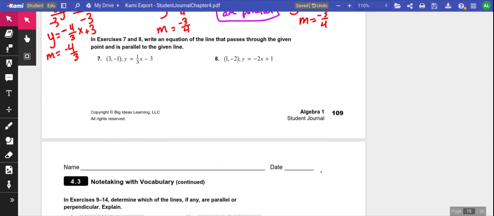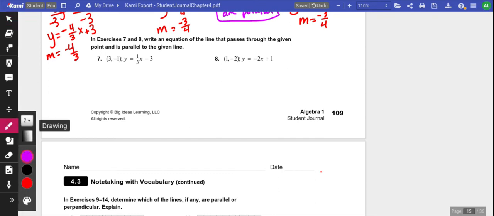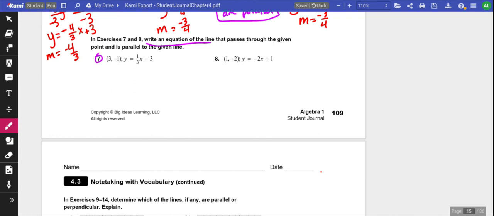All right. Last one, let's do number 7. It's not asking are certain lines parallel, it's asking to write an equation of the line that passes through the given point and is parallel to the given line. It doesn't say what type of equation it has to be. So let's think about it.